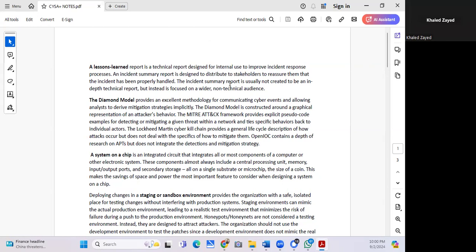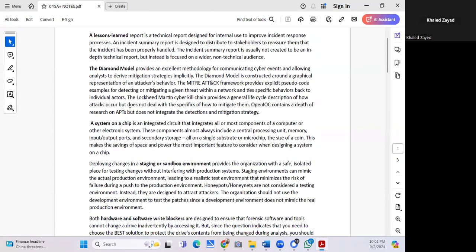The incident summary report is usually not created to be an in-depth technical report, but instead focuses on a wider non-technical audience. So the difference between lessons learned and the incident summary is that lessons learned is a technical report, and the incident summary is non-technical. If you get asked on the exam what the difference is between a lessons learned and an incident summary, then you know lessons learned is usually a technical report.